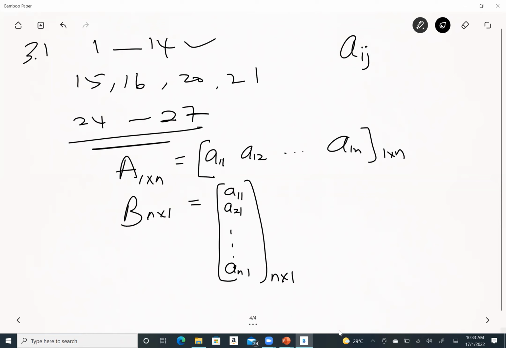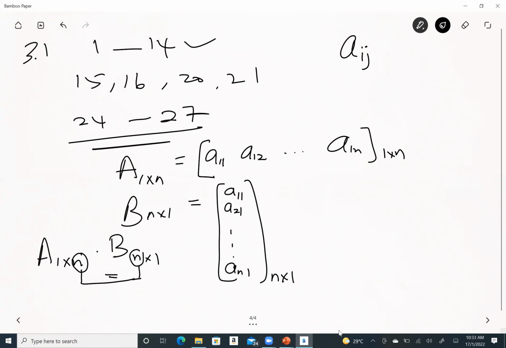All right. Okay, this is the rule of multiplication. When you multiply, the rule is senang. You multiply A 1 by n, you multiply with B n by 1. So you must have the number of columns of the first matrix equal to the number of rows of the second matrix.